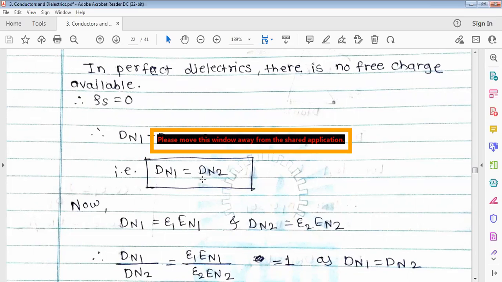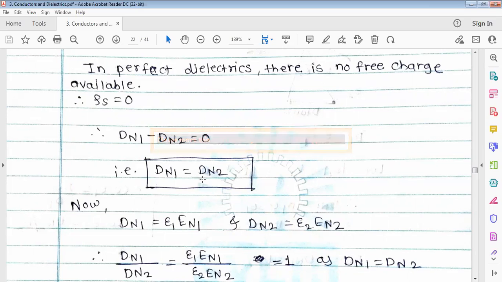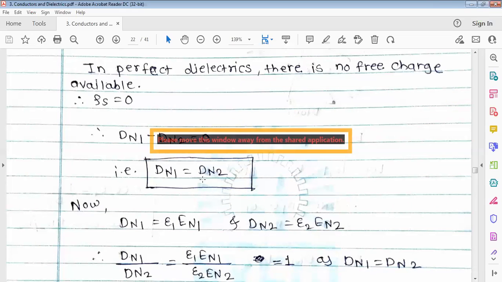From that we can find the tangential component of d. So here in this normal component, dn1 is equal to dn2. So from that we can find en1 and en2.